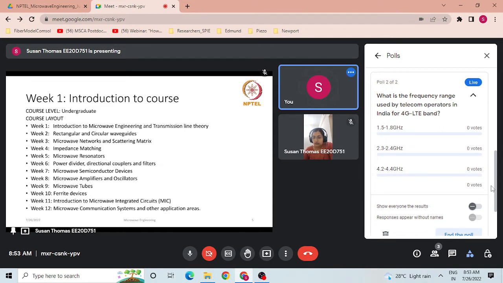First is Introduction to Microwave Engineering and Transmission Line Theory, then Rectangular and Circular Waveguides, then Microwave Networks and Scattering Matrices, then Impedance Matching, Microwave Resonators, Power Divider, Directional Couplers and Filters, Microwave Semiconductor Devices, Microwave Amplifiers and Oscillators, Microwave Tubes, Ferrite Devices, Introduction to Microwave Integrated Circuits, then Microwave Communication Systems and other application areas.